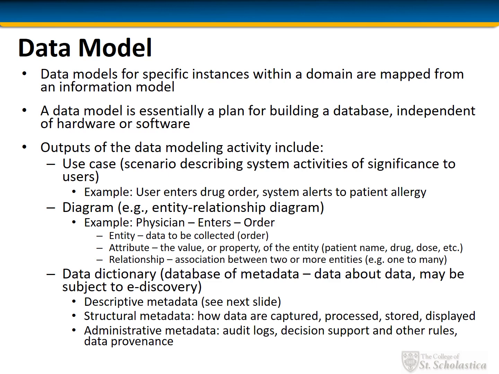Administrative metadata is information collected as the data are actually used, including audit logs of who accessed what, decision support, and other rules actions. Did the user adhere to the alert, ignore the alert, modify the alert? And data provenance, or where data originated and the journey the data may have taken as it is processed with other data and shared with other applications.